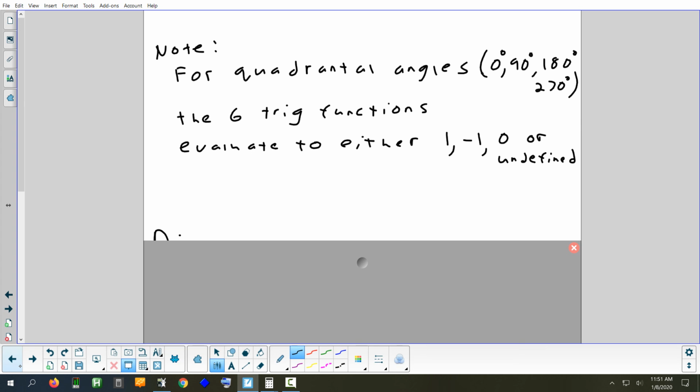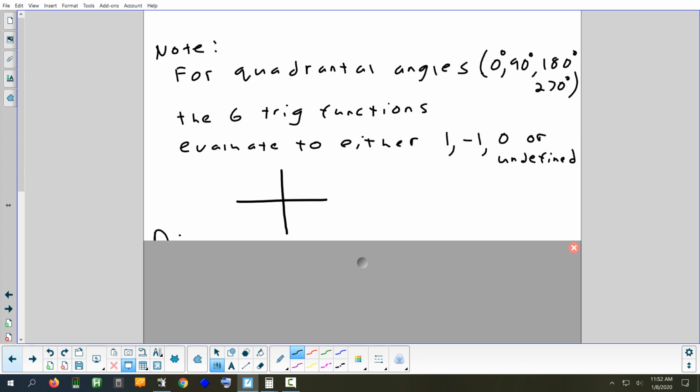The reason why is because, think about, in this diagram, where's 90 degrees? Straight up. So could you give me a coordinate that would be on the terminal side of 90 degrees? 0, 4. Sure.